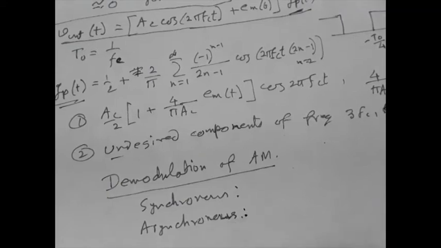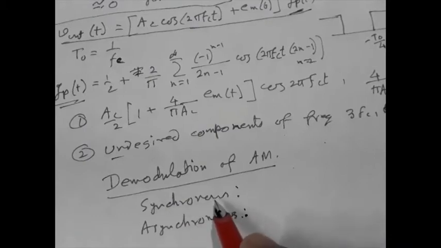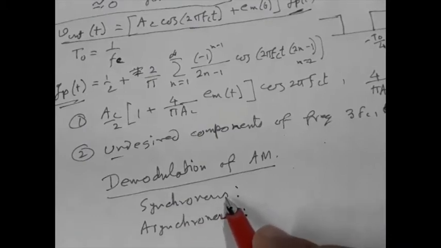So obviously the cost of an asynchronous detector is much smaller or cheaper. It is much cheaper than the synchronous one. When we discuss synchronous detector or demodulator, we will discuss all these aspects.